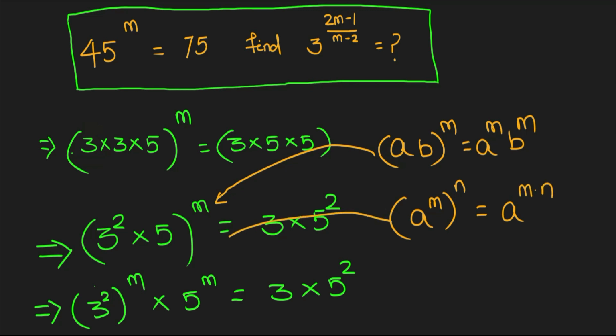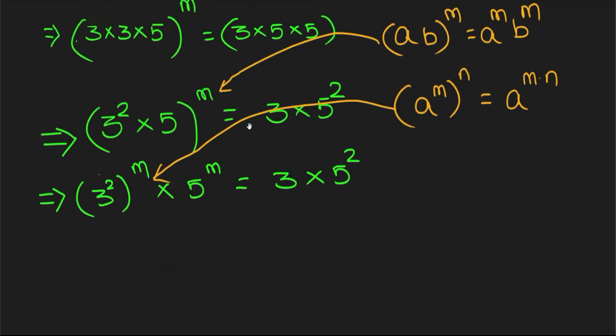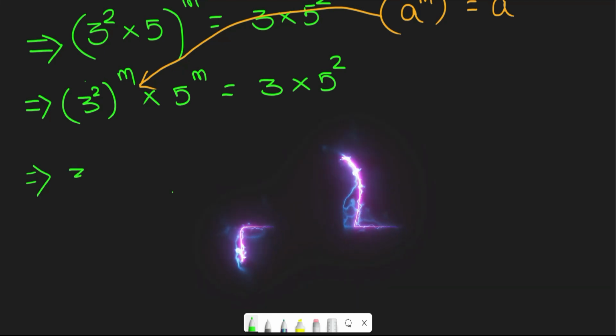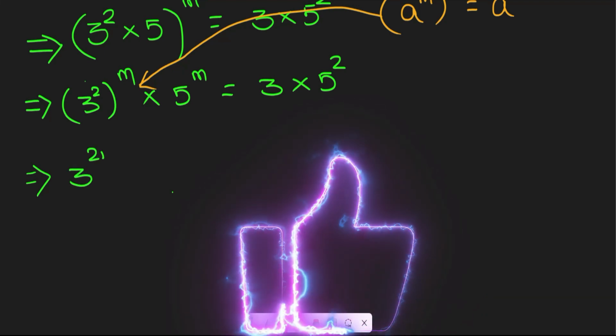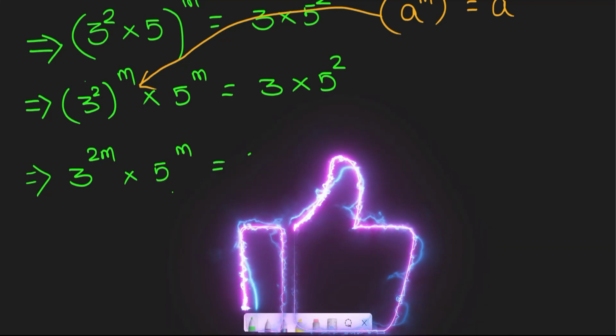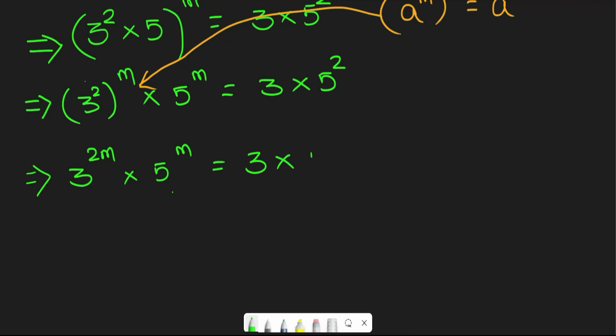Now we will apply this formula here and rewrite this equation as 3 to the power 2 into m, that is 2m, into 5 to the power m is equal to 3 into 5 square.